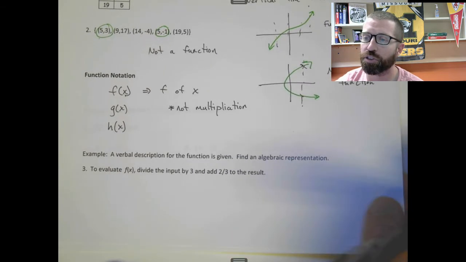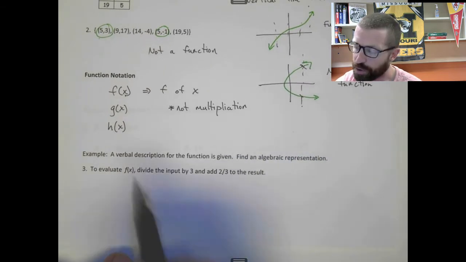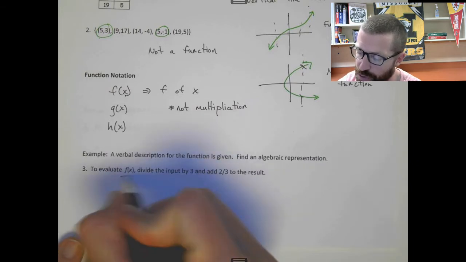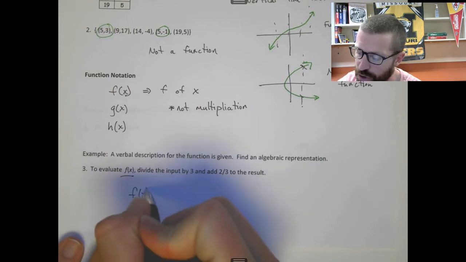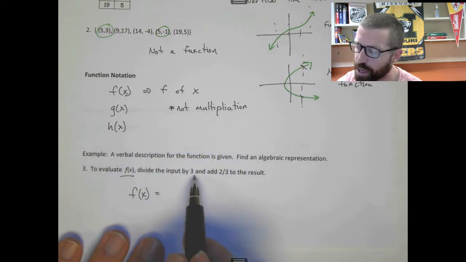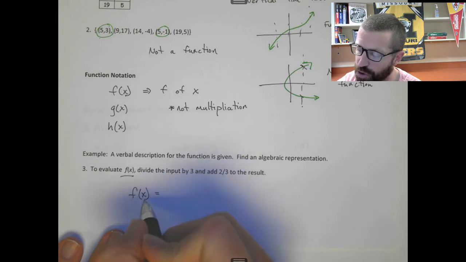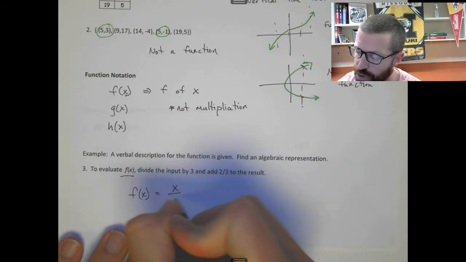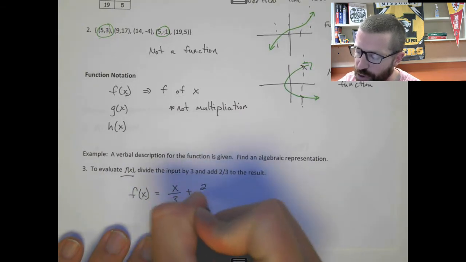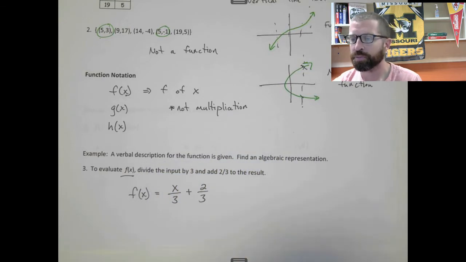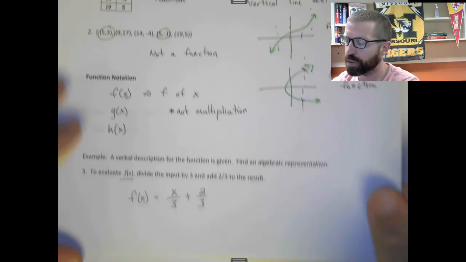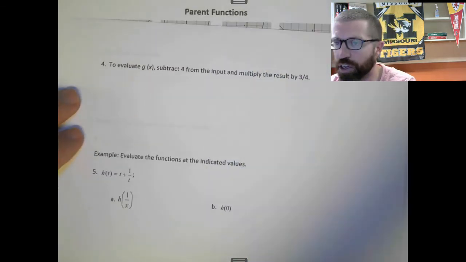So one thing we can do with functions is translate from words to an expression. To evaluate F of X, so that's our function, divide the input by 3 and add 2/3 to the result. So we're going to use X for the input, divide it by 3, and then add 2/3. Let's look at another one of those.